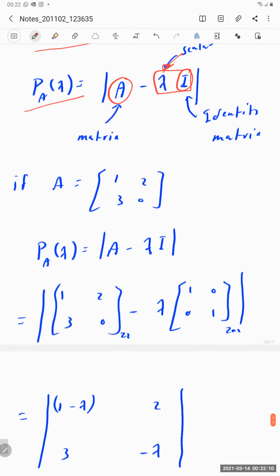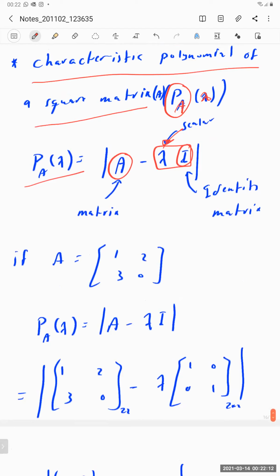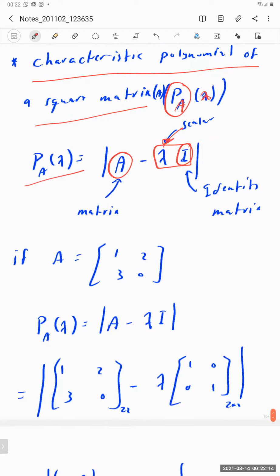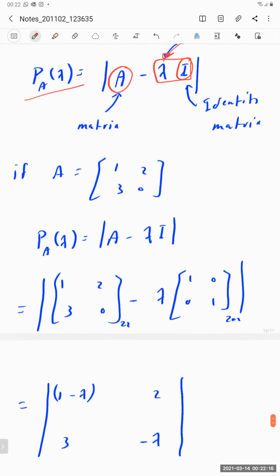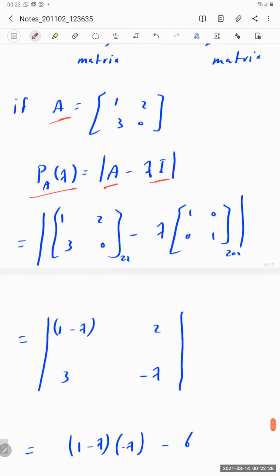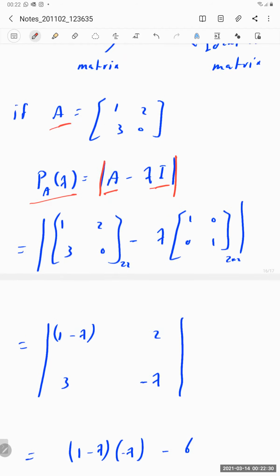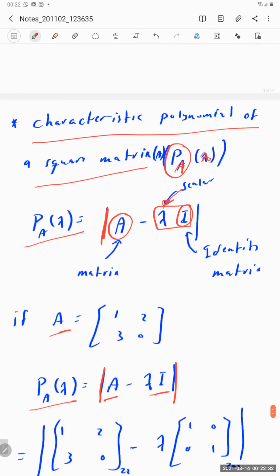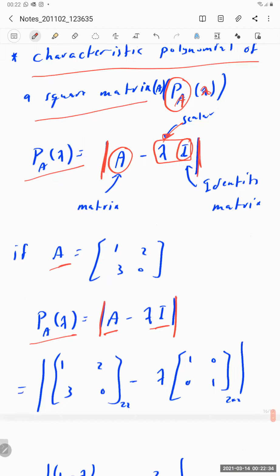What does this mean? We find what we call the characteristic polynomial for this square matrix. So if A equals this matrix 1 2 3 0, what's the characteristic polynomial of A in terms of lambda? It is the determinant of A minus lambda times I.